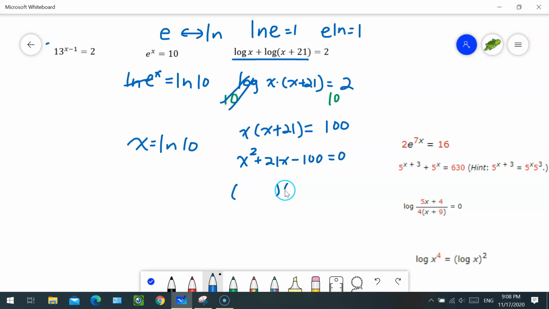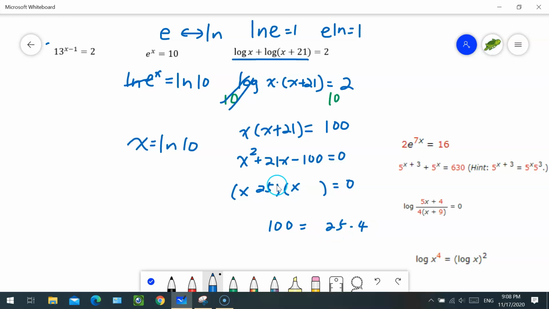Now we do the factoring. So we'll have the x, 5 and 20 doesn't work. 10 and 10 doesn't work. Alright, 100, what else can we have? 25 by 4, that works, right?